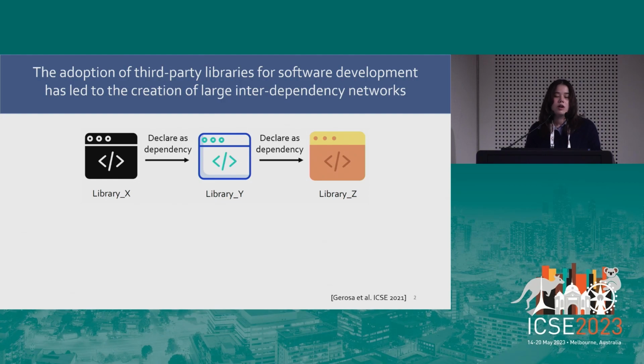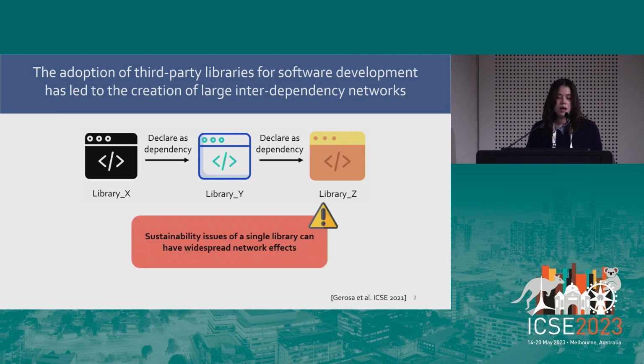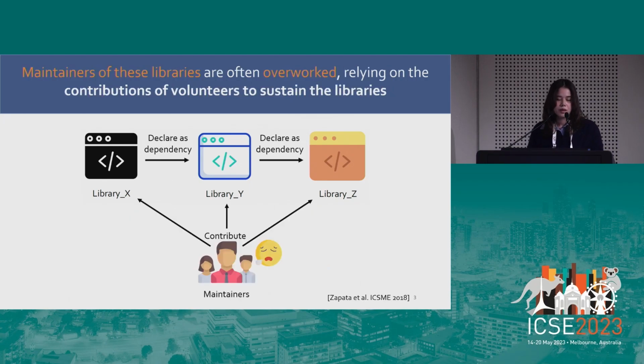The adoption of third-party libraries for software development has led to the creation of large interdependency networks such as NPM for JavaScript, Maven for Java, and PyPI for Python. However, sustainability issues of a single library can have widespread network effects.